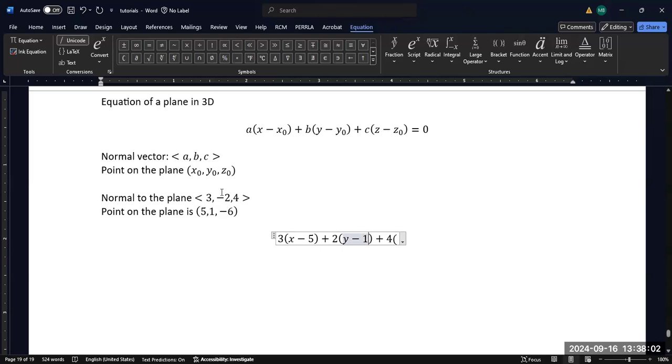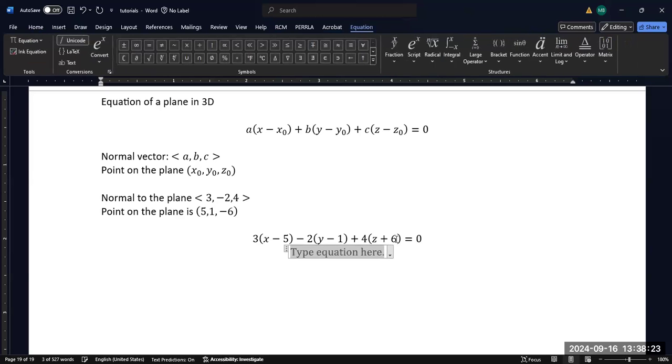There we go. The coefficients come from the vector normal to the plane, 3, -2, 4, and then the point comes from the point: x - 5, y - 1, and then z plus 6.